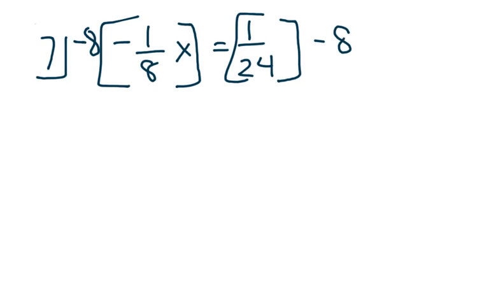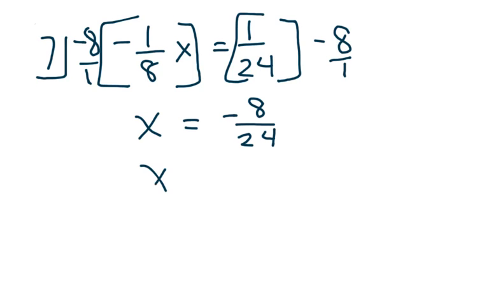Basically, I'm doing 2 steps here. You multiply by negative 8. I'm putting it in fraction form. Multiply by negative 8, you get x equals negative 8 over 24. And that leaves you with negative 1/3.